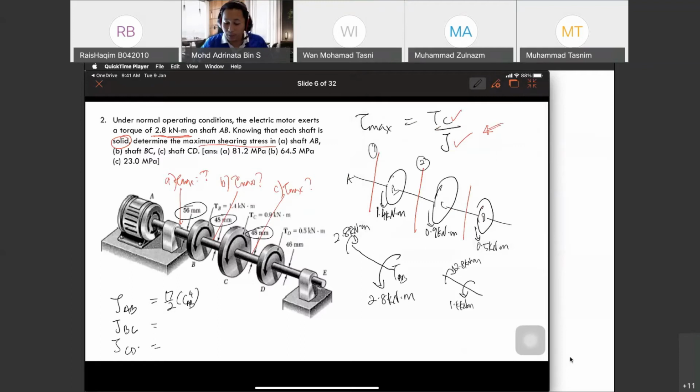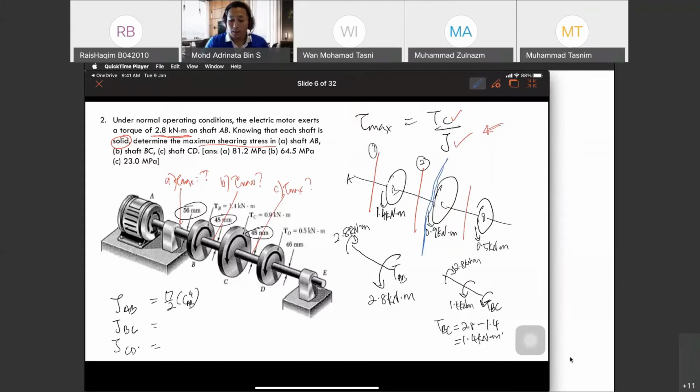So dekat sini kita nak cari TBC. TBC equals to 2.8 minus 1.4 equals to 1.4 kilonewton meter. Okay. Tutup dulu yang ni. Kita potong dekat sini kan. Dekat number 2 tu. So yang ini tak payah tengok dulu lah. Okay. So jangan tengok yang ke depan. Kita potong bahagian belakang dia.